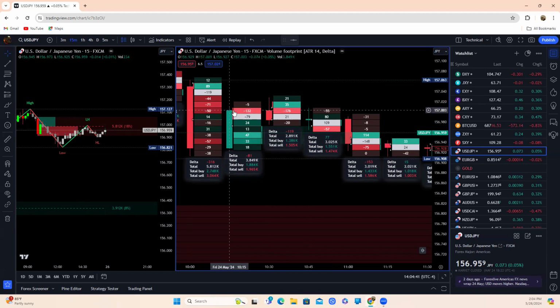So this candle closed right here, and then this candle opened right here. It pushed up a little bit, but it closed below the close of this candle. So then it's going to print red. And then if you look here, this candle actually closed slightly, ever so slightly, above the close of the previous candle, so it's going to print green, right?